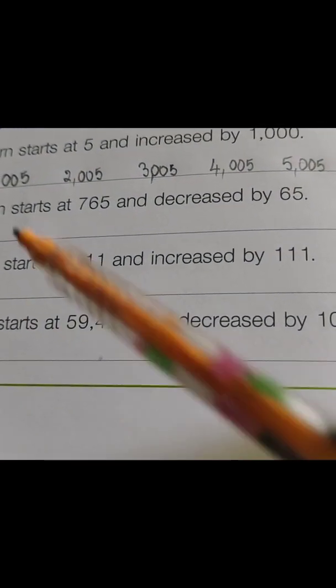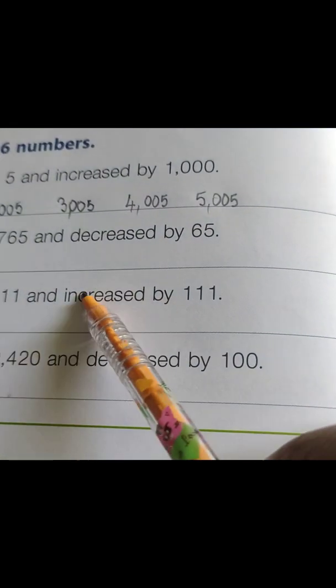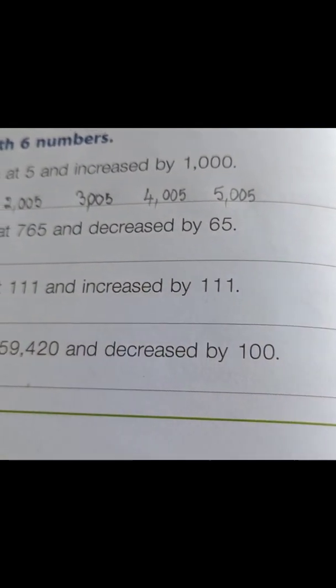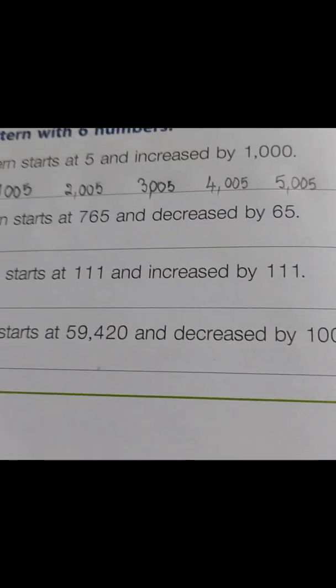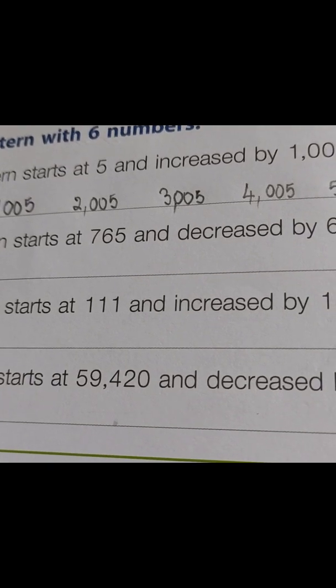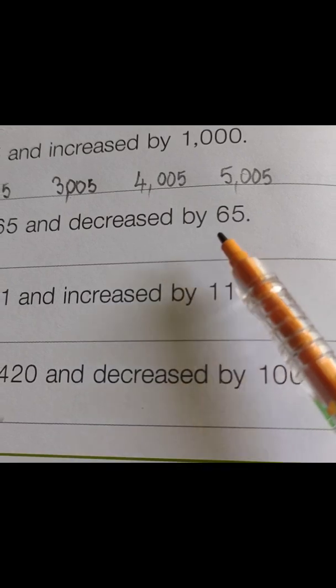The second one, the pattern starts at 765 and decrease by 65. Okay, so we start. The first number is 765. So the pattern starts at 765 and decreased by 65.